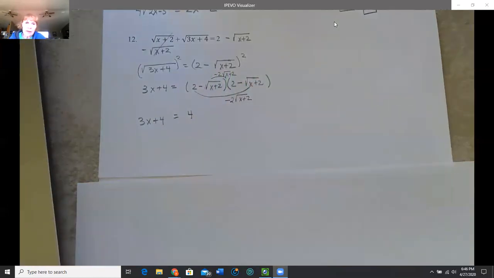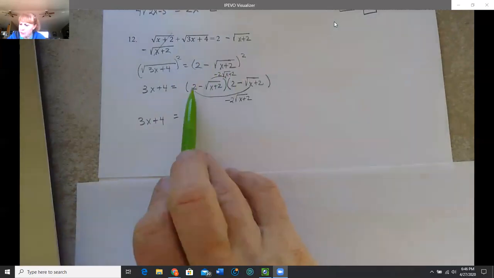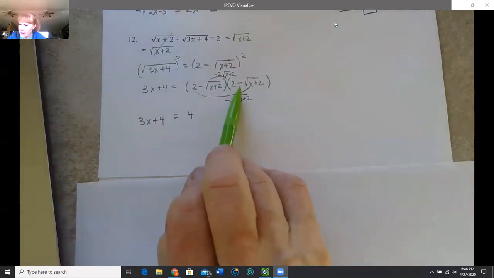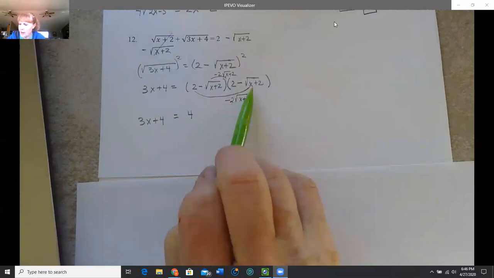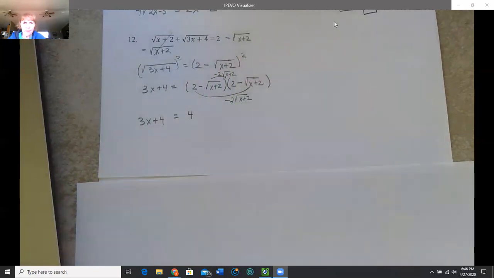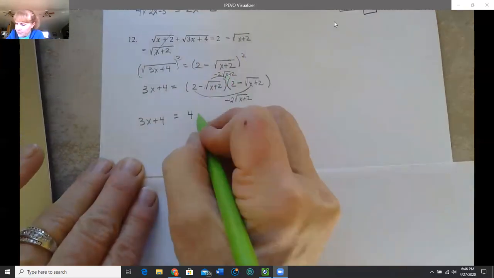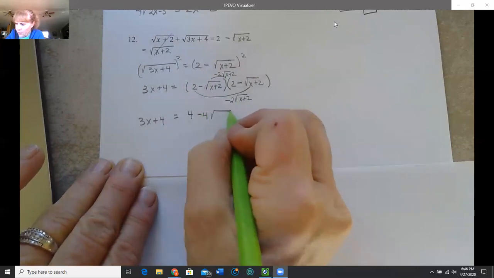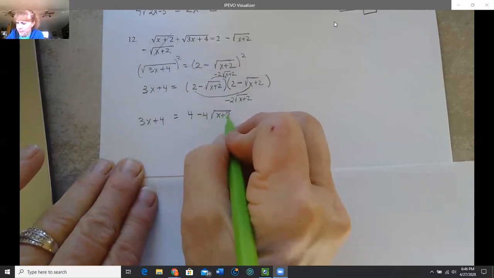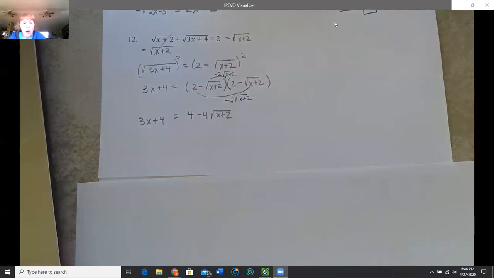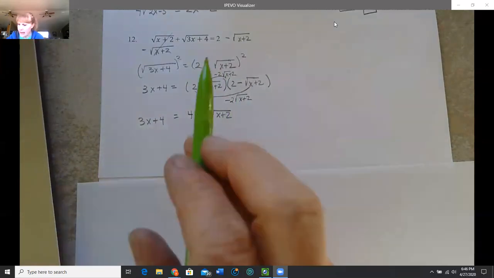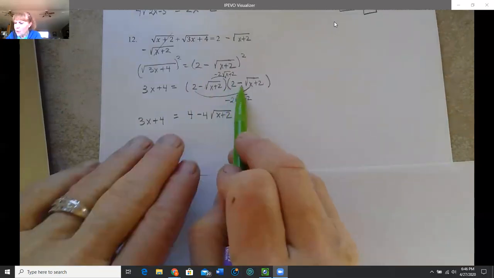So the outside and the insides will always match. So adding these together, we have a minus 4 square roots of x plus 2. Now, when we take the last times the last, you're taking a negative times a negative, which is a positive.